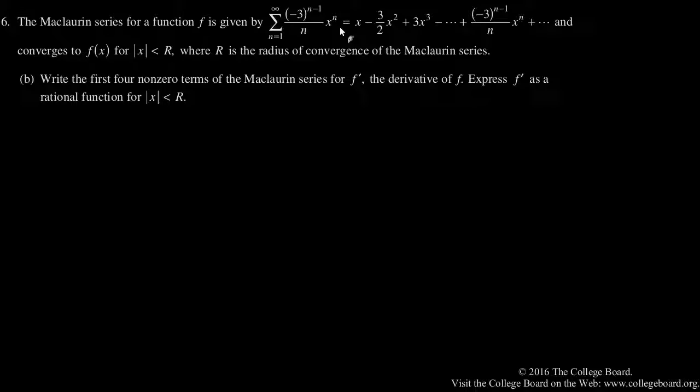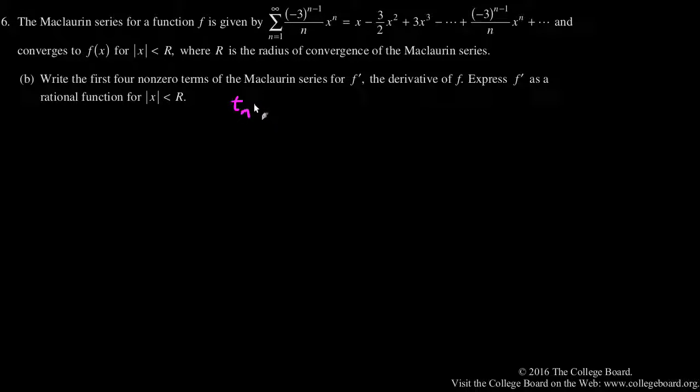it's probably best to just say, okay, if the nth term of this is going to be here, then the nth term of f prime is basically the derivative of this, which is going to be this here.